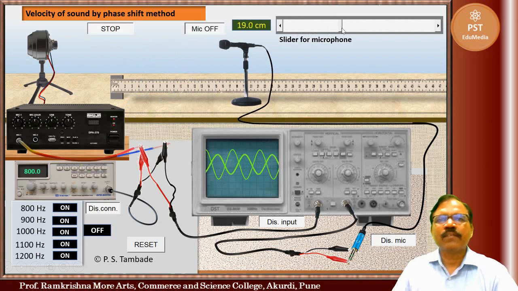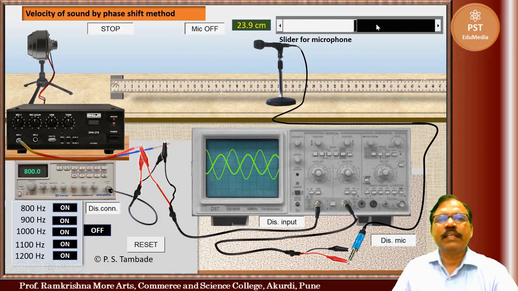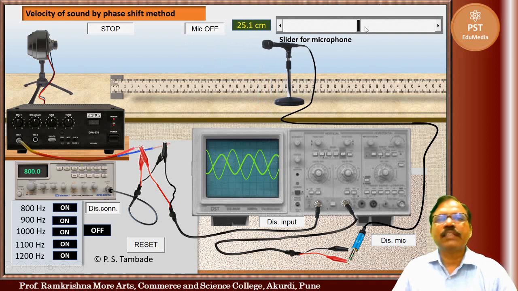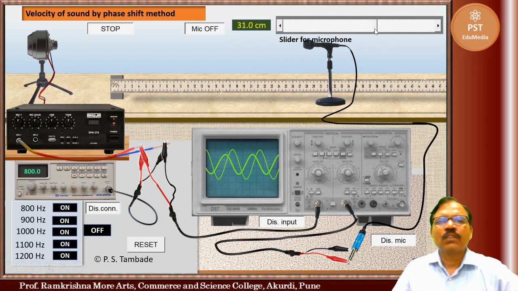We will see 20.6, 21, 22 point something, 23, 24. On the scale you can see that distance, and that distance appears here also. So it must match with the second peak.